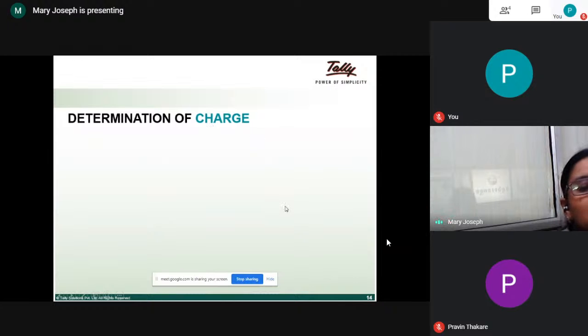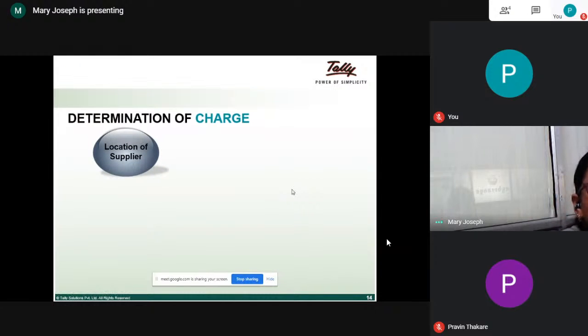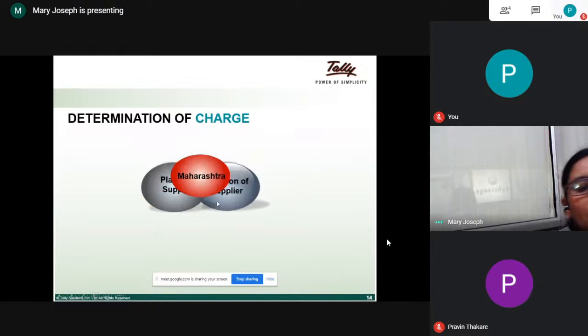Determination of the charges. Now let us see how charges will be determined. Location of the supplier and place of supply, both are Maharashtra. Place of supply and location of supplier is Maharashtra.